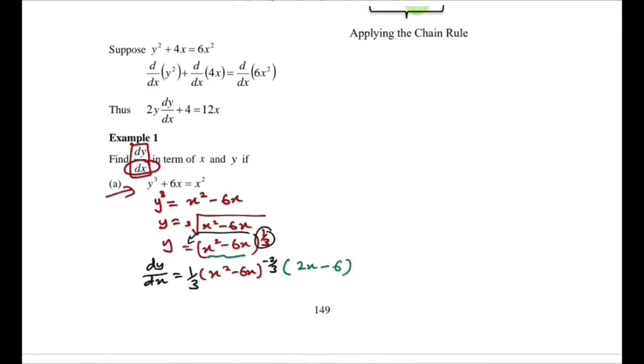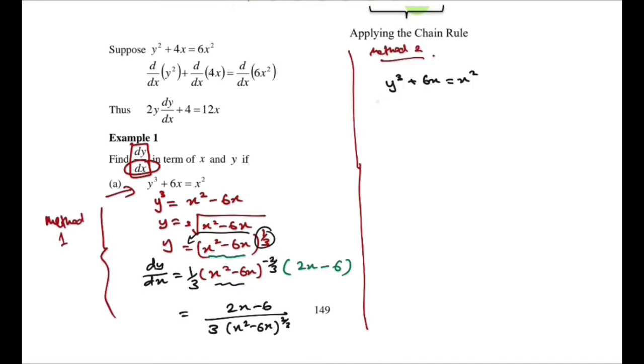Rearrange your answer. Now the numerator is just 2x minus 6. This term has a negative power, so bring it down with the power 2 over 3. And now there's a 3 at the denominator as well. And that's your answer.